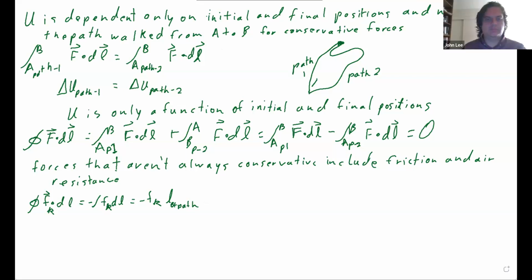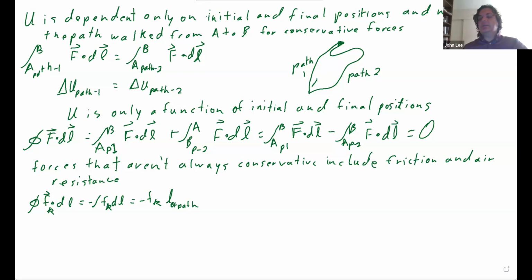Yeah, that's for non-conservative forces. So if you go along a circular path and it doesn't equal zero, then it's a non-conservative force. And dL, that represents what exactly?